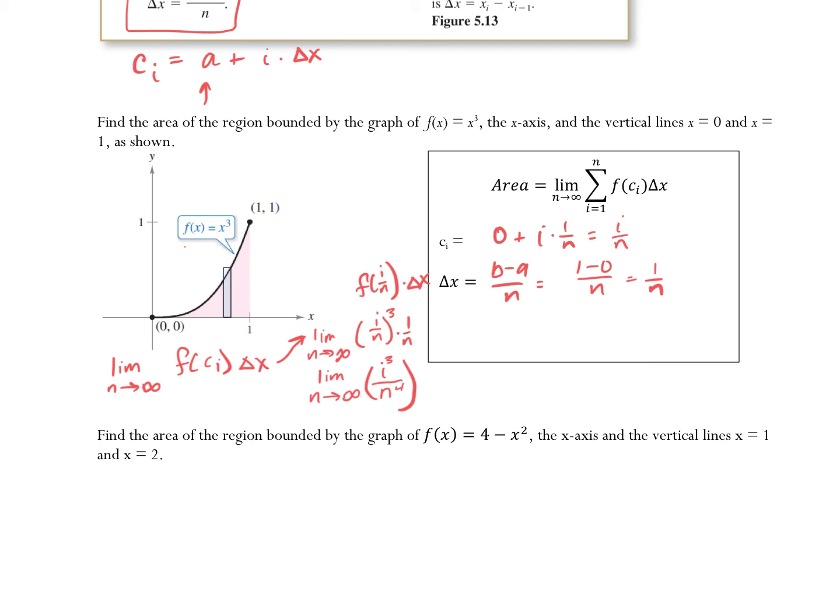I'll flip over to start using K's instead. It's the same idea. That would be helpful. Are we okay? And then that n to the 4th is a constant. So this is really 1 over n to the 4th times the limit as n approaches infinity. Oh, I forgot my sigma. These should all have sigmas here because we're adding up all those rectangles.